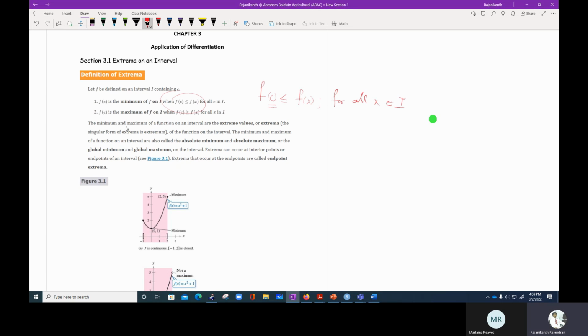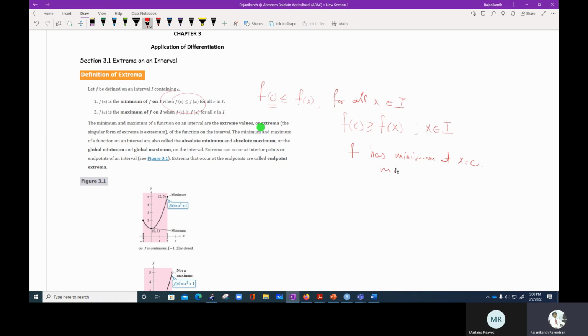In a similar way, you could define function f as having a maximum at c whenever the function value is bigger than or equal to any other function value at x, where x belongs to that interval I. So how do you write this? We write that function f has a minimum at the point c.